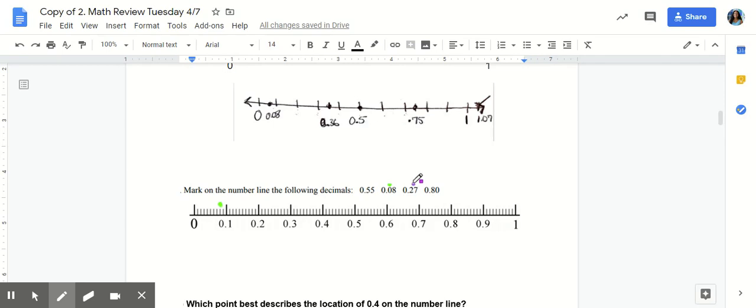I also have 27/100. So I'm going to go to 2/10 and count my hash marks. 2, 3, 4, 5, 6, 7. So that is going to be placed there. So I have 55/100.